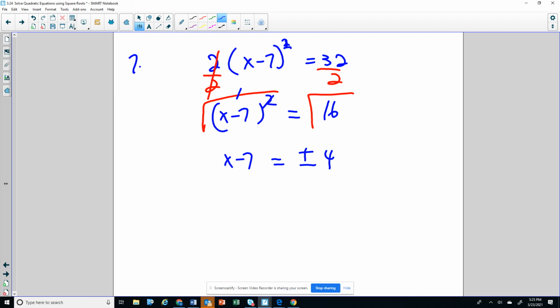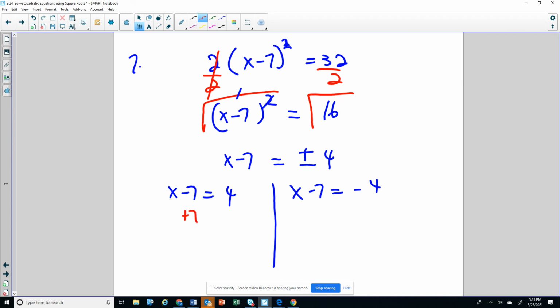So I'm left with 2 answers now, 2 equations. X minus 7 is equal to the positive 4, and x minus 7 is equal to the negative 4. I'm going to add a plus 7 to both sides.